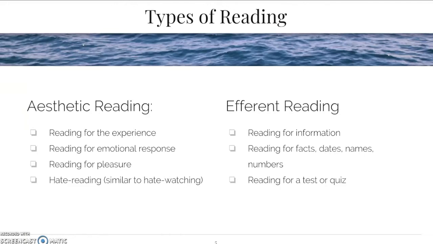When you're studying for an exam, you're often doing efferent reading, skimming through the text, looking for information such as important terms, dates, facts, or even formulas if you're taking a science or math exam, and then you memorize them quickly, shove them into your brain, spit them out onto the test, and then forget that you ever had them in your brain in the first place. Forget about them completely as soon as you walk out the door.